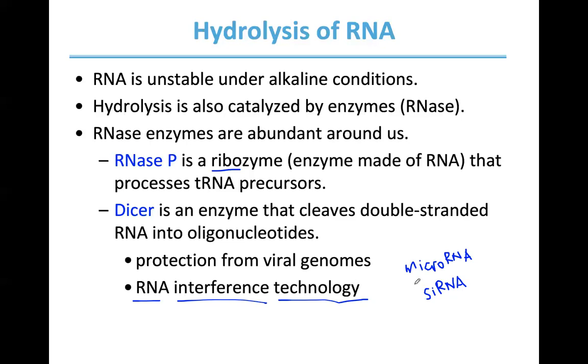She uses microRNAs, and these microRNAs come from a longer, double-stranded piece of RNA, which is chopped up into smaller pieces by an enzyme known as dicer and used in RNA interference technology.